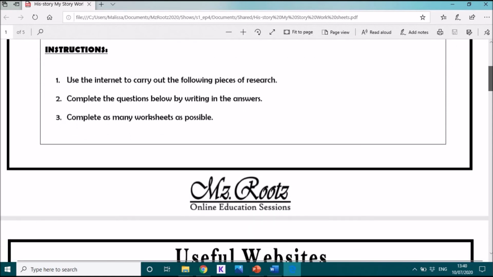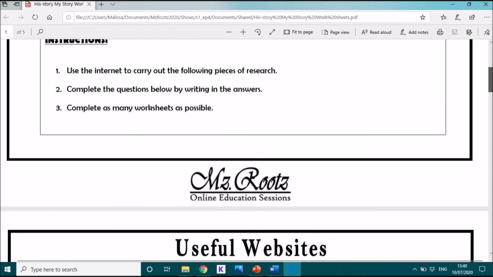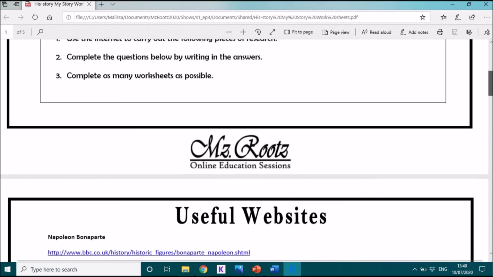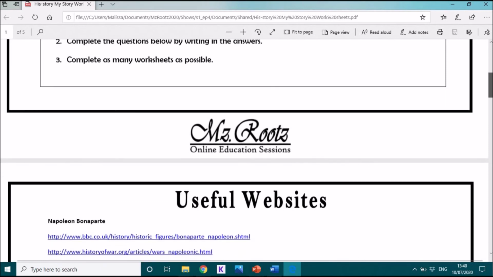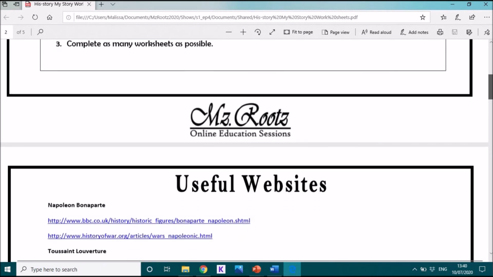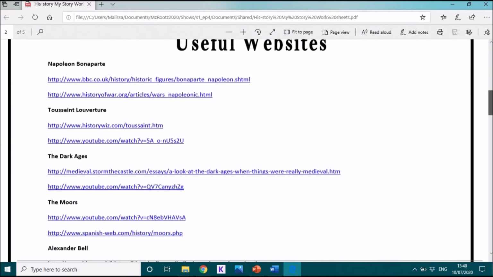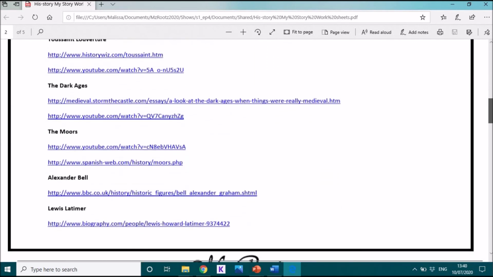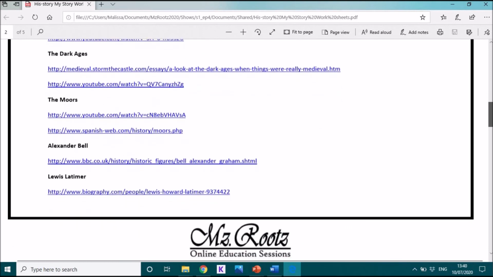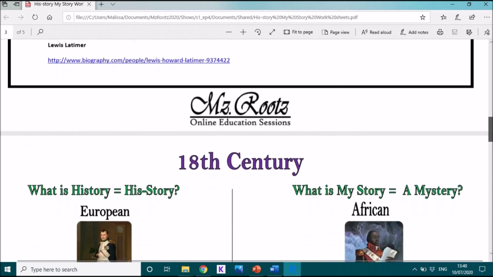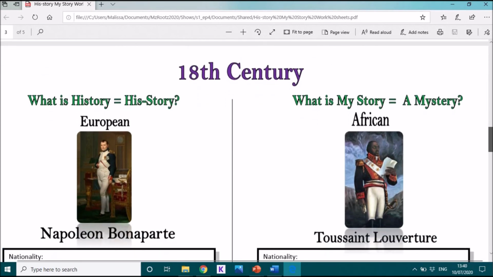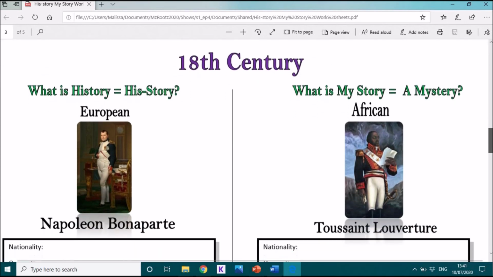So it's a research activity and it's pointing you in the direction of the internet and asking you to write the answers and complete as many as possible. Okay? It's providing you with useful website links for your extra reading, and it's also providing you with a template within each period of history.